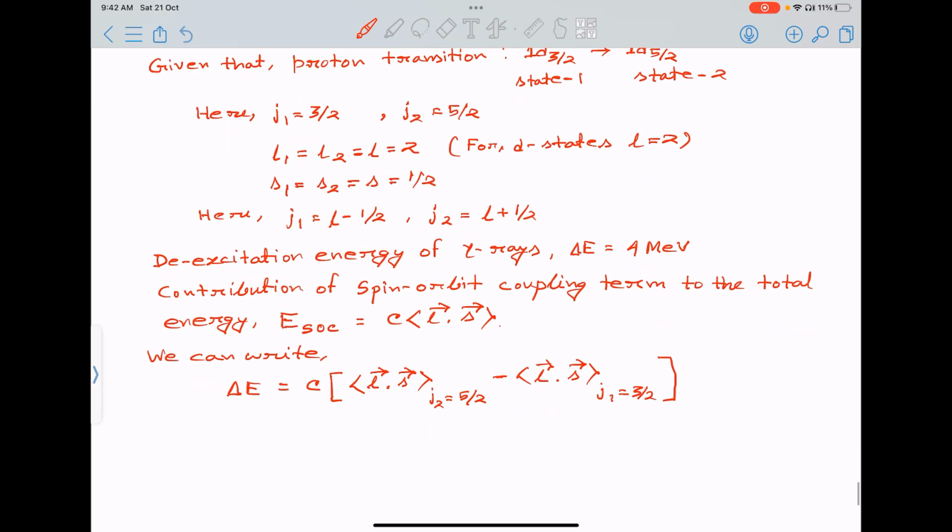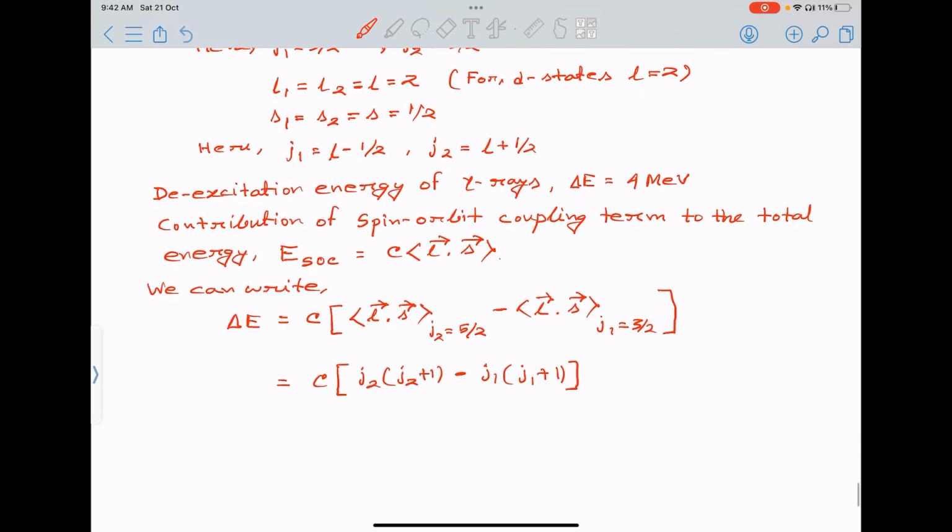So we can directly reduce this to J2 times J2 plus 1 minus J1 times J1 plus 1, because other terms will be directly cancelled.